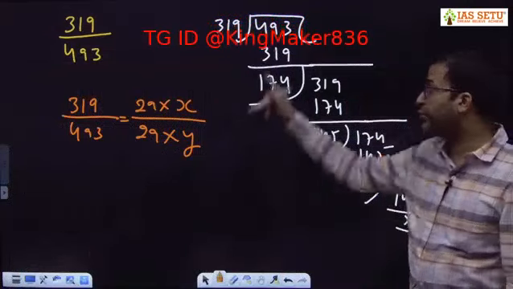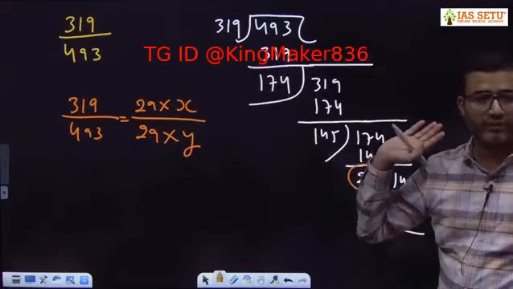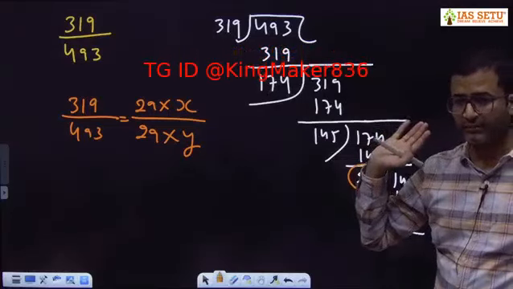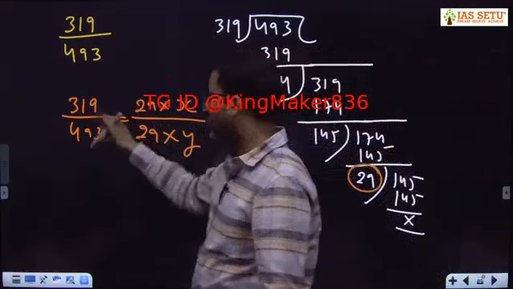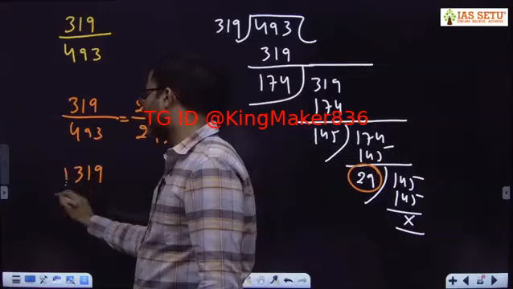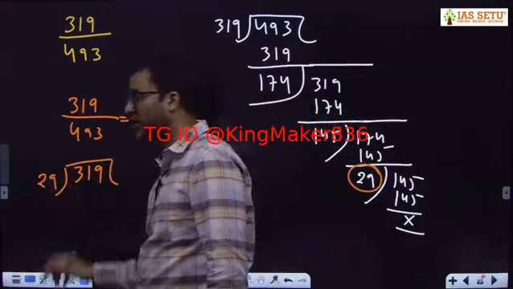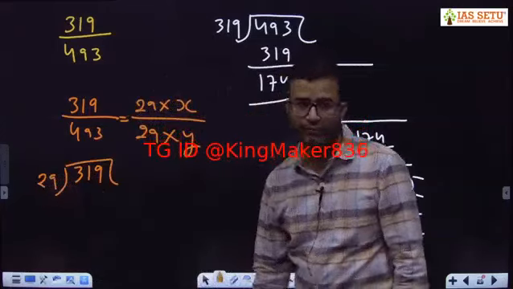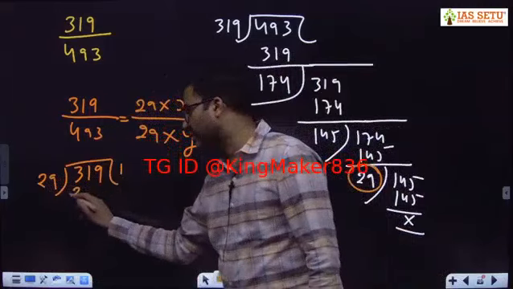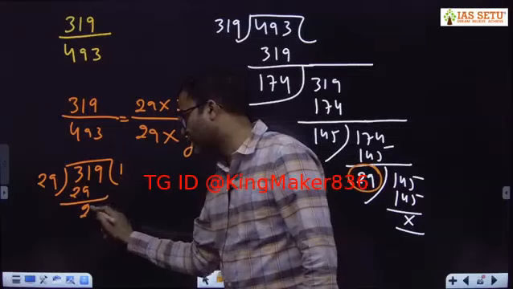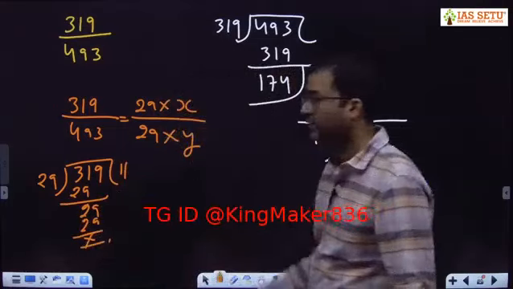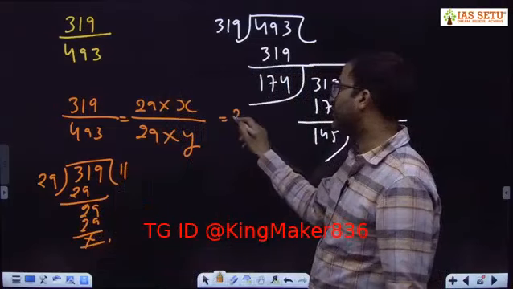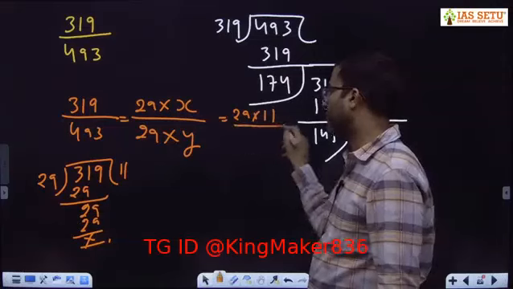I repeat, 29 is your highest common factor of these given numbers. Next step, we will find x and y. So you divide 319 by 29, the way we have done in school. 29 ones are 29, 29, 29 ones are 29, so it is 11. So this number is 29 into 11.